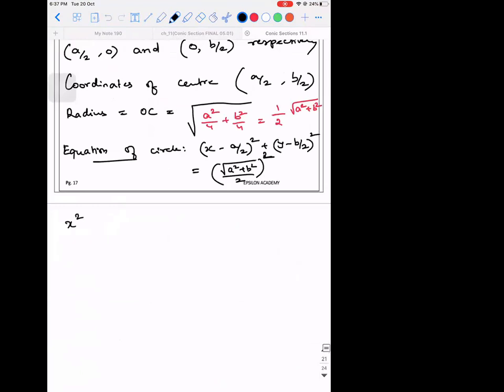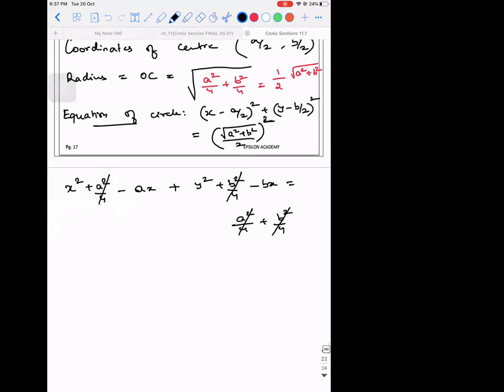So it will be x square plus a square by 4 minus ax, plus y square plus b square by 4 minus by is equal to a square by 4 plus b square by 4. So a square by 4 and b square by 4 got cancelled. x square plus y square minus ax minus by is equal to 0.